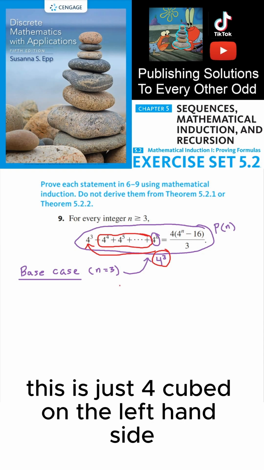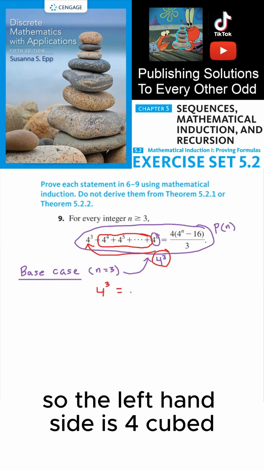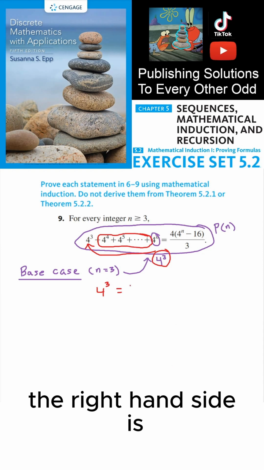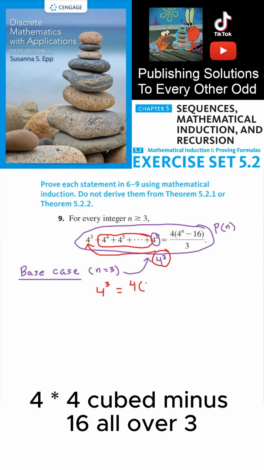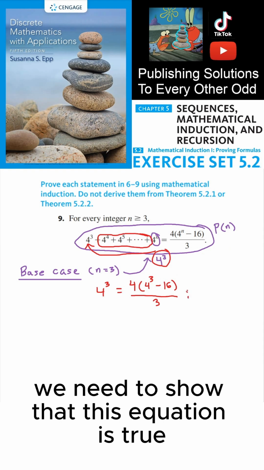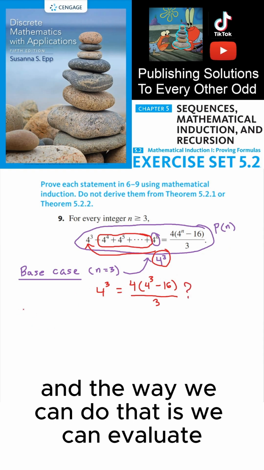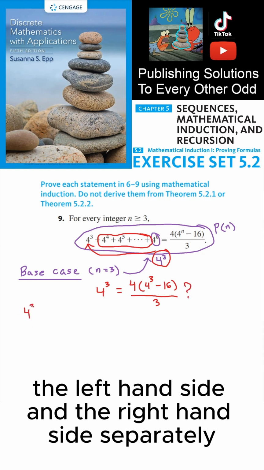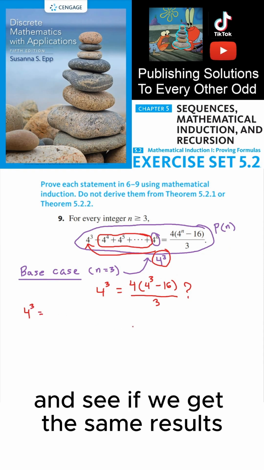For n equals 3, this is just 4 cubed on the left-hand side. So the left-hand side is 4 cubed. The right-hand side is (4 times 4 cubed minus 16) all over 3. If we want to show that P of 3 is true, we need to show that this equation is true. The way we can do that is to evaluate the left-hand side and the right-hand side separately and see if we get the same results.